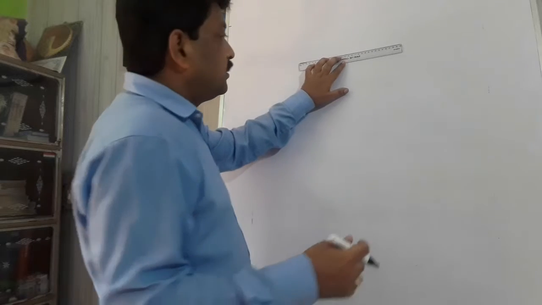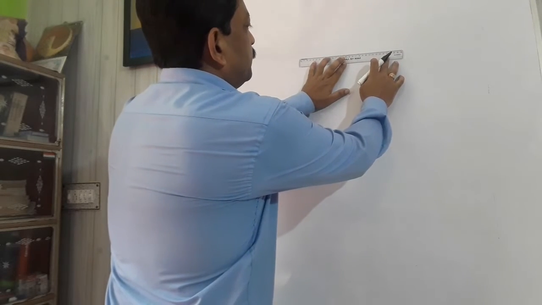There is a rectangular region, and inside the rectangle there is a circle.